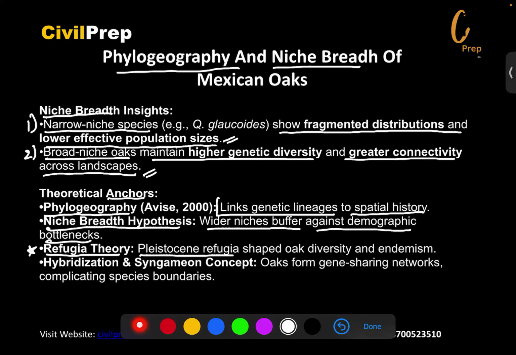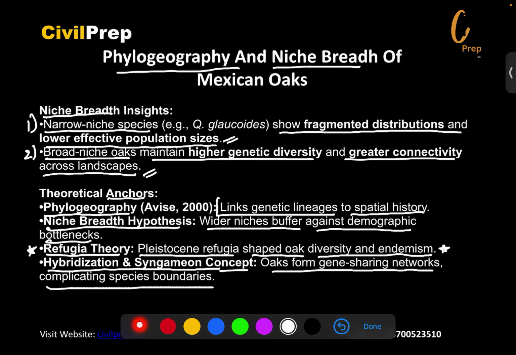The Pleistocene refugia shaped oak diversity and endemism here. So this is one of the old species which was found in the Pleistocene era, which shaped the current oak diversity in the region of the neotropical region. Then hybridization and syngameon concept, where the oaks form gene sharing networks, complicating species boundaries, have also been seen here.